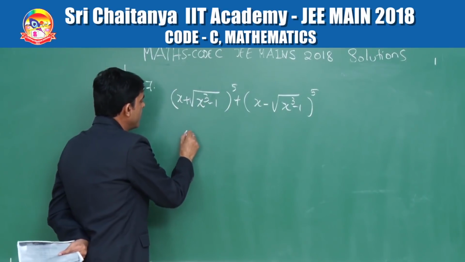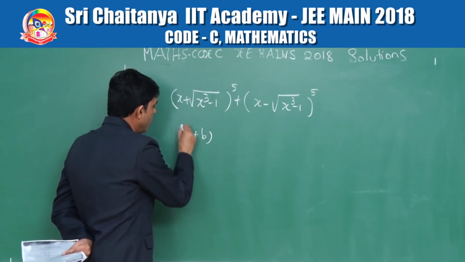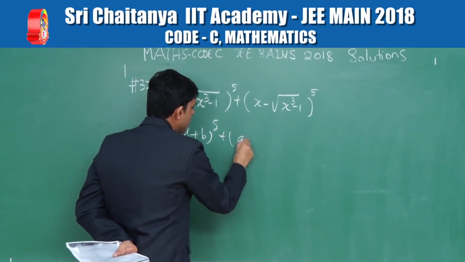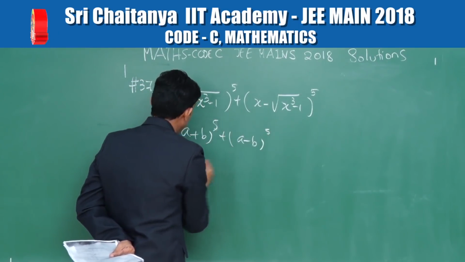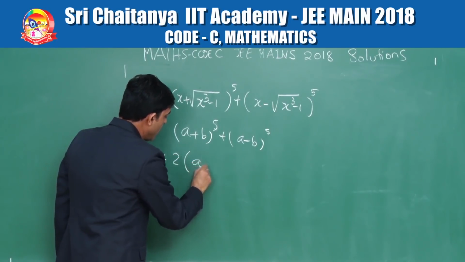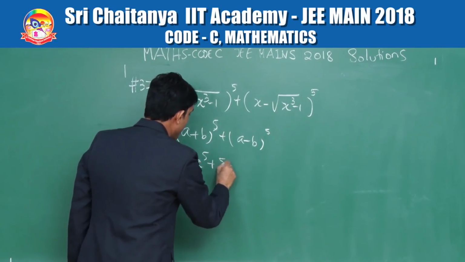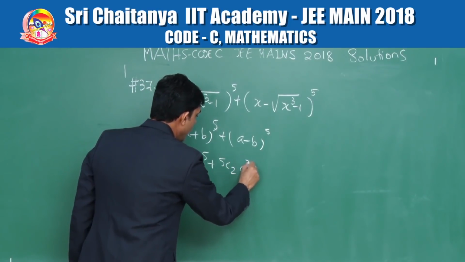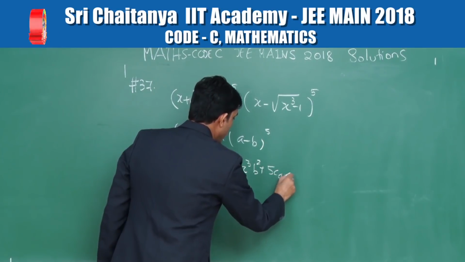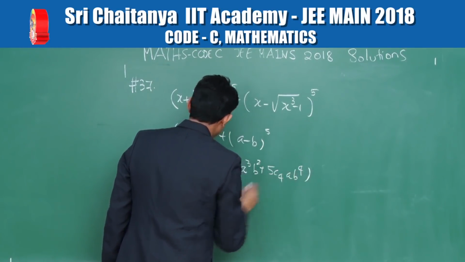This expansion is like a plus b whole to the power 5 plus a minus b whole to the power 5, and that gives you 2 times a to the power 5 plus 5C2 a cube b square plus 5C4 a b to the power 4.